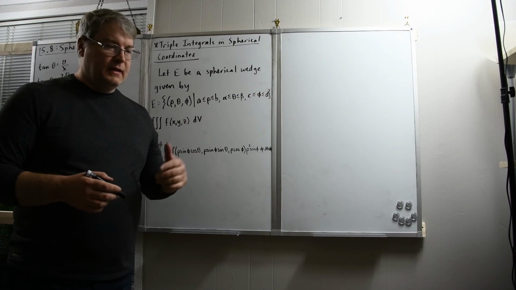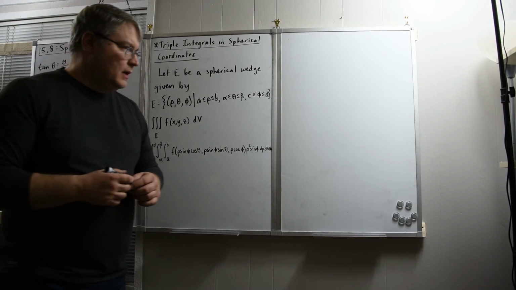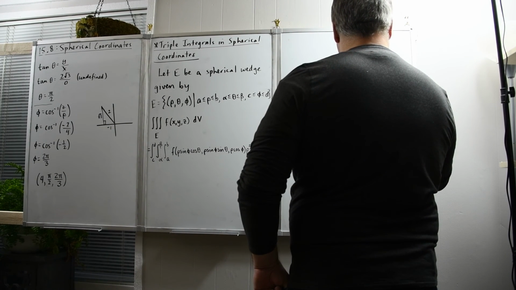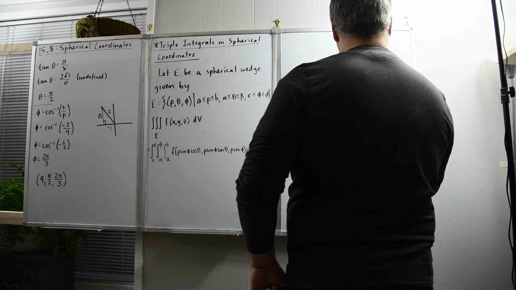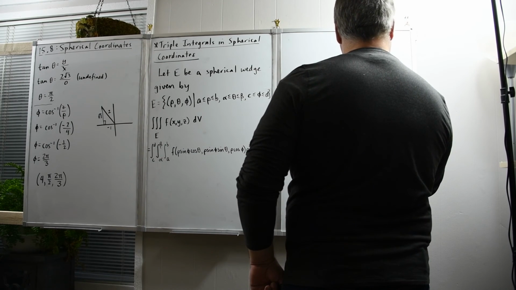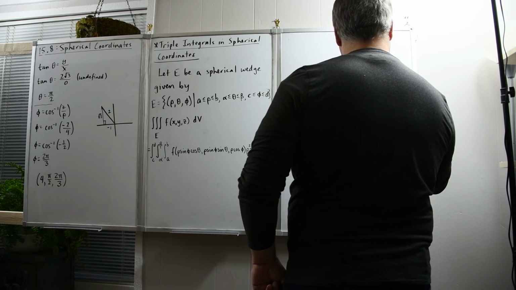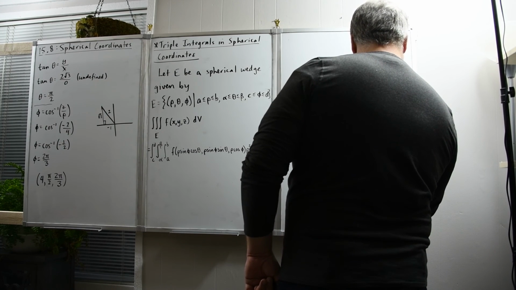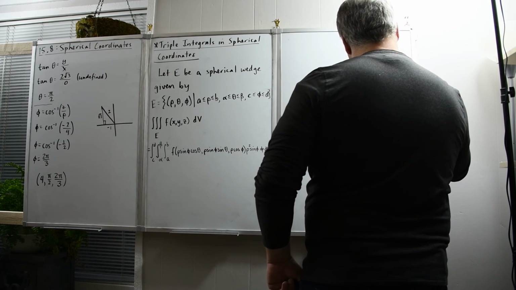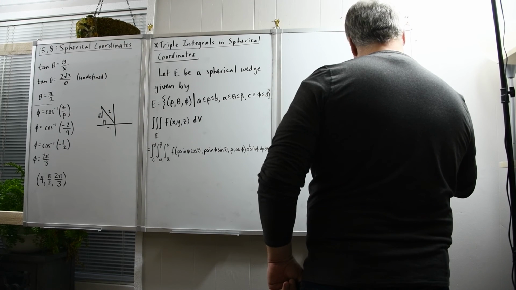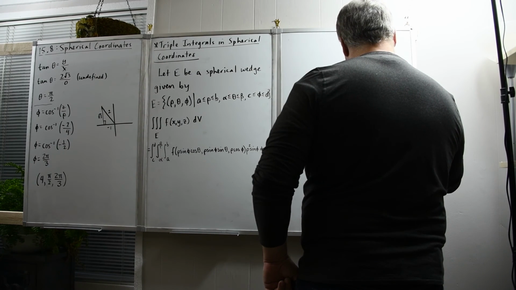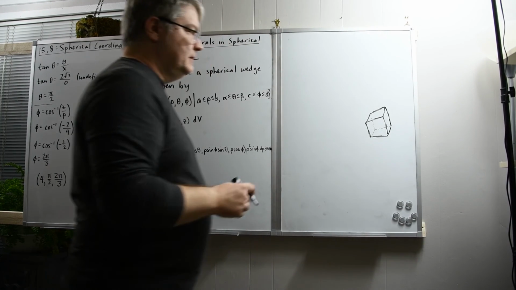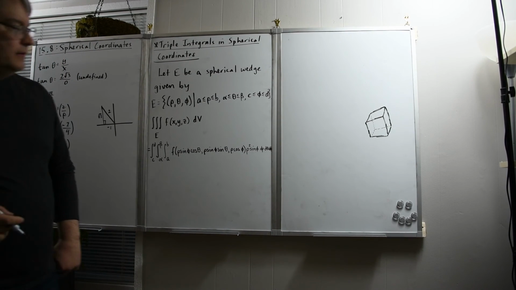We wouldn't want d minus c to be greater than pi. But yeah, let's say we have a spherical wedge. So our spherical wedge might look something like this.